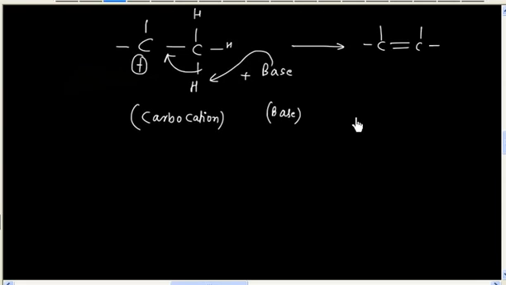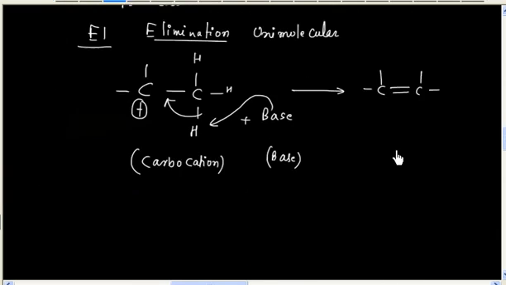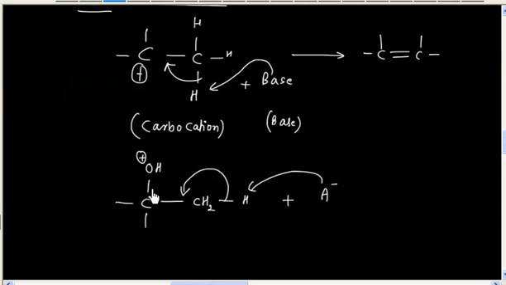And the last step in the enol formation is very similar to E1. So you see in this case, A minus gains this proton, this bond goes here and we will have C-OH.